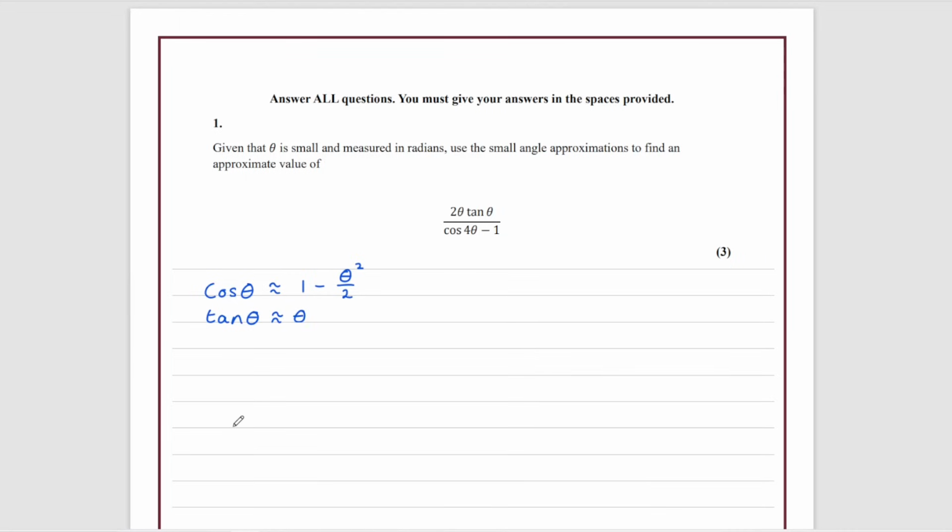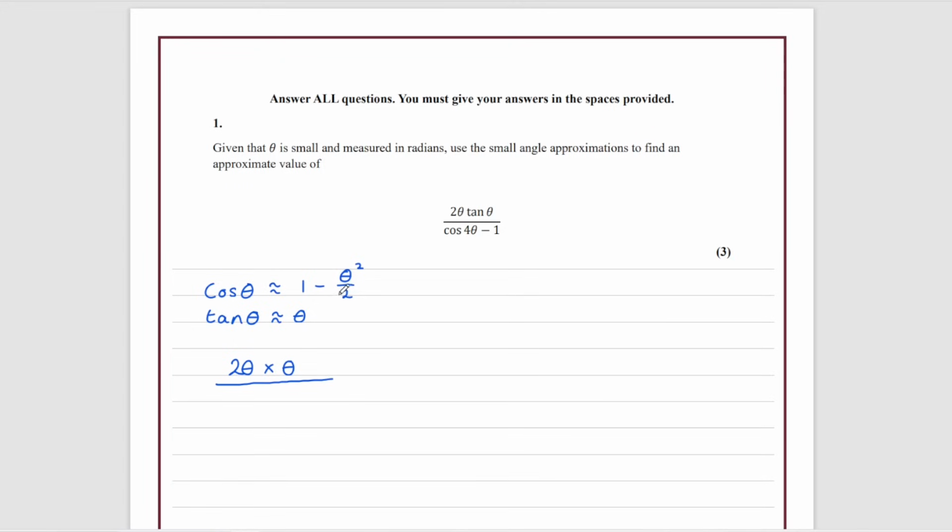Okay, so using these approximations, what do we have for 2 theta tan theta over cos 4 theta minus 1? Well, I've got 2 theta times theta, because tan theta is approximately theta, and that's all over the denominator. Now be slightly careful here with cos 4 theta. The argument isn't just theta, it's now 4 theta, but all that happens is we replace theta with this argument.